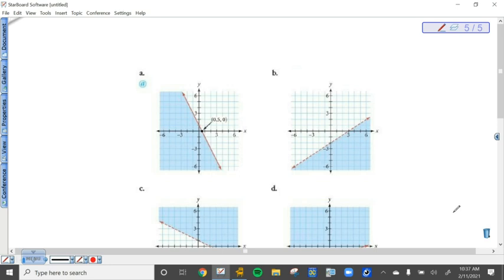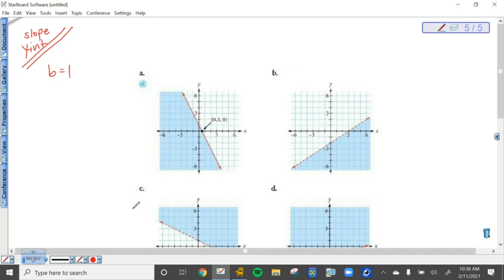If I want to write something in slope-intercept form, what two things do I need to know? Yeah, the slope and the y-intercept. For this example, where does it cross the y-axis? At 1. So b is going to be equal to 1.